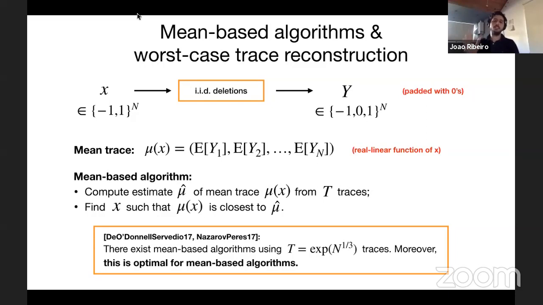I'm ignoring constants here for any mean-based algorithm. So this is a tight result for mean-based algorithms for worst-case reconstruction, and it is also the best upper bound for worst case reconstruction that we have right now. So the algorithm is simple. The problem really is the analysis. And we're going to draw on very powerful techniques from complex analysis to analyze this, which is a bit surprising because there's nothing complex analytic about it.